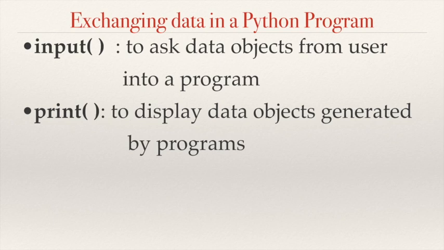A Python program generates results after processing the data, and the print function is responsible for printing these generated results back to the user console or screen. So to create a basic Python program, one needs to use two basic inbuilt functions offered by Python, namely input and print.